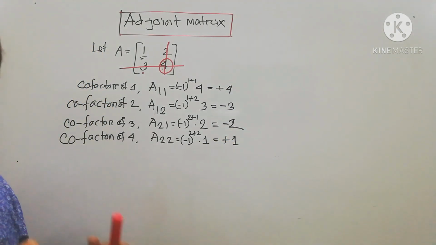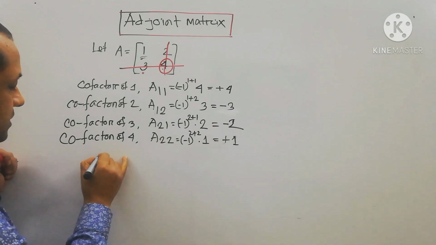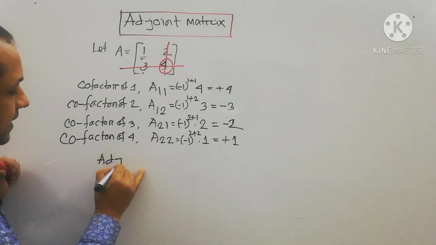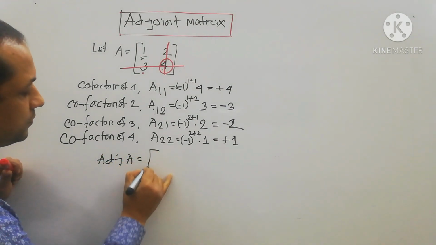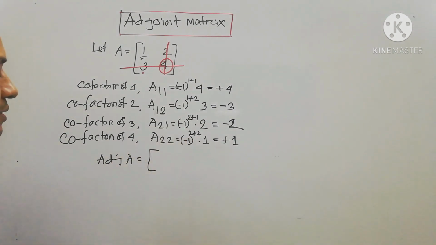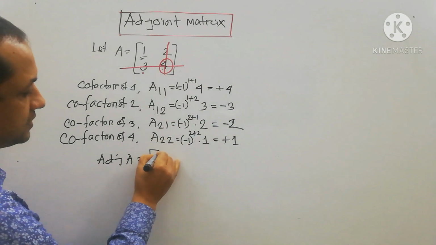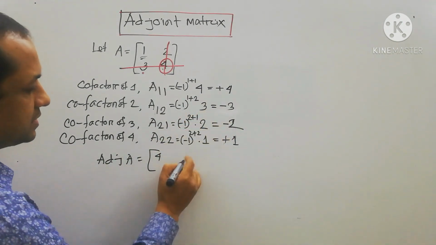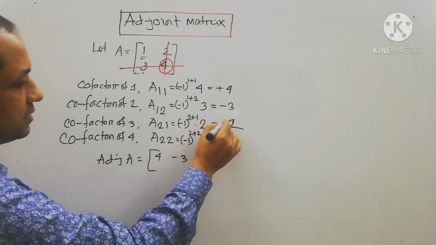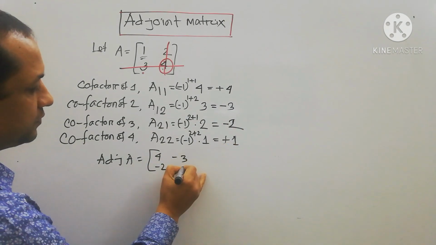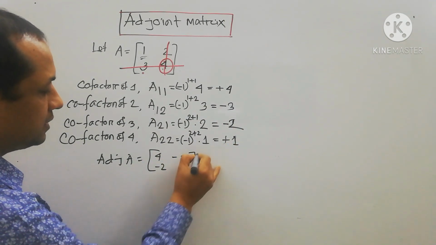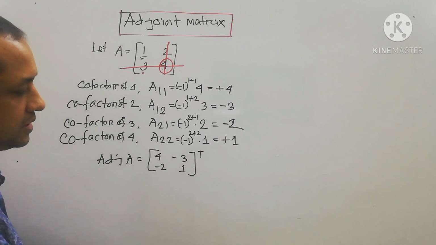So by the definition of adjoint matrix, now we have adjoint of A equals the transpose of the cofactor matrix. Here the first entry is 4, the second entry is minus 3, the third entry is minus 2, and the fourth entry, positive, is 1. It is the transpose.